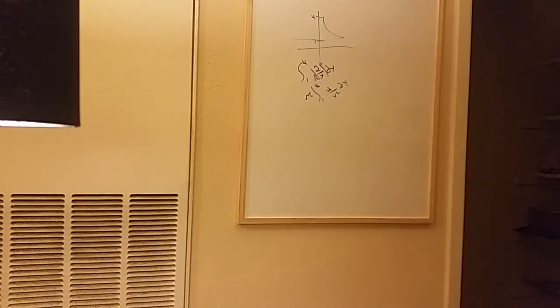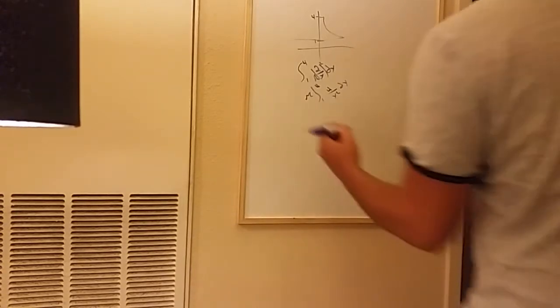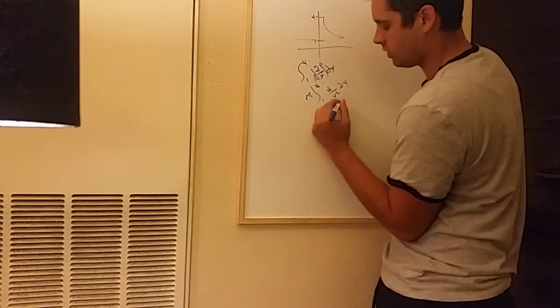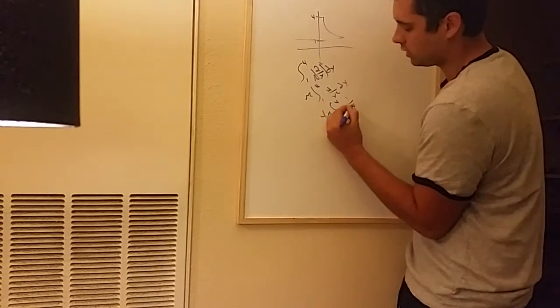Well, how do I integrate that? 4 over y squared dy. Pull out the 4, negative 1 over y. Pull out the 4. 4 pi, 1 to 4, 1 over y squared dy.